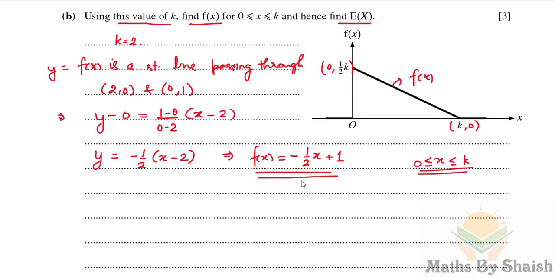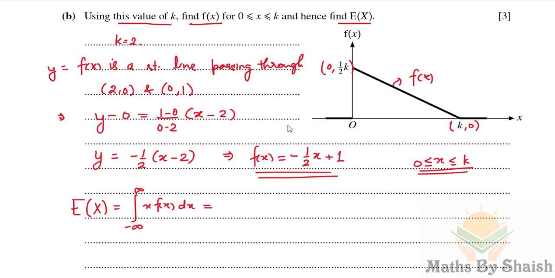Now we will calculate the expectation of x. In a discrete distribution, expectation of x is the sum of x f(x), and here it is a continuous distribution, so it is the integral from minus infinity to infinity of x f(x) dx.